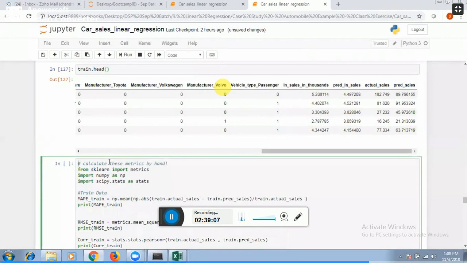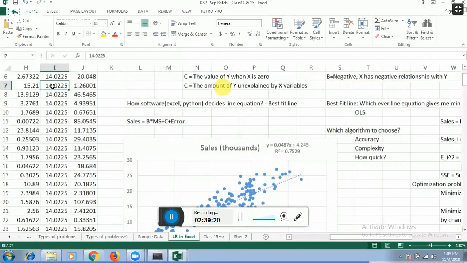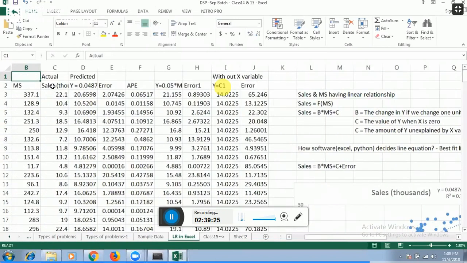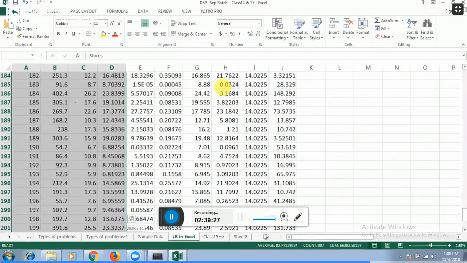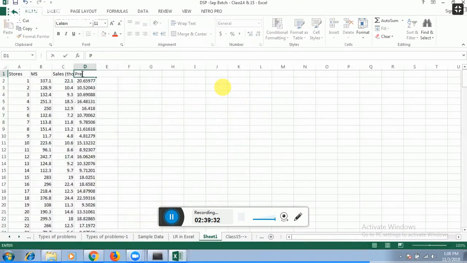Okay, now once I have this, I need to calculate the metrics. What metrics can I calculate? Like RMSE. What is RMSE? Suppose you have your data and this is your Y value. Let me show you this. This is your predicted value, predicted sales, and this is my actual sales. Now RMSE is based on the mean squared error.